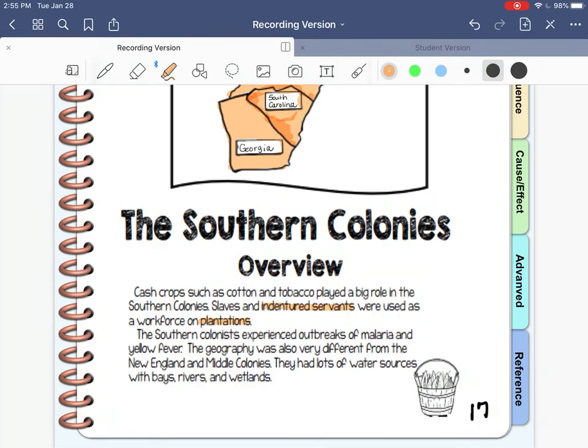One other thing I wanted to point out, and I've lost it. Malaria and yellow fever are both diseases that killed a lot of people. And I completely lost that other thought. I guess it wasn't that important.